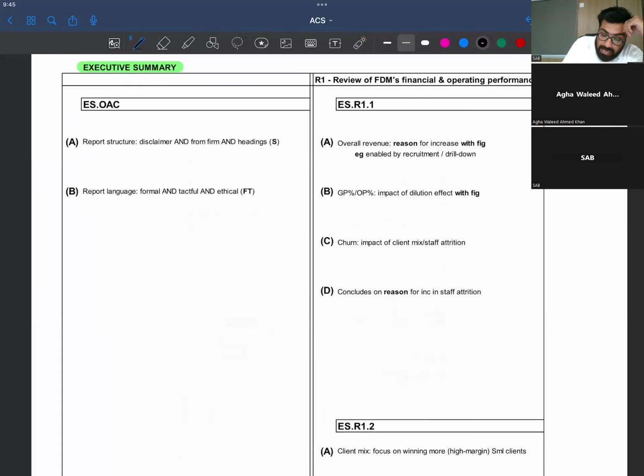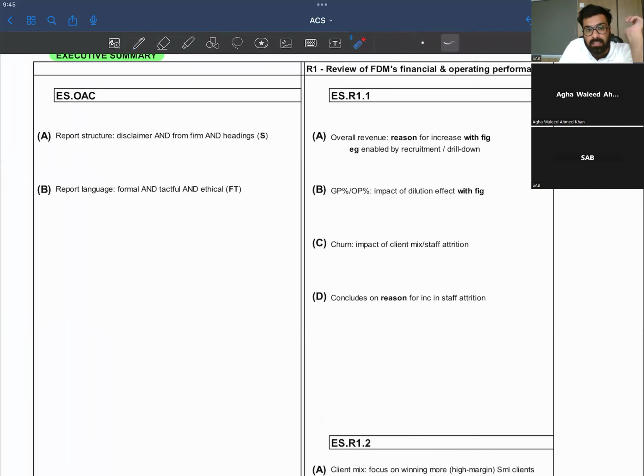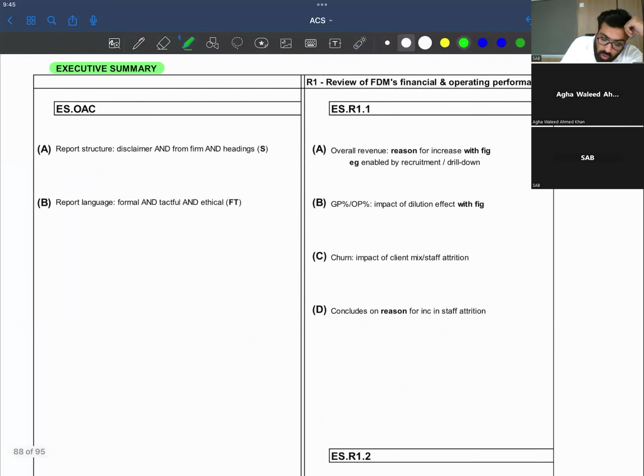Like in this question, the examiner expected that a student would have used a firm's headings. This was the criteria. Similarly, the wordings need to be formal, tactful and ethical. This is the criteria being set. If you have suggested something unethical, then this criteria is not met.